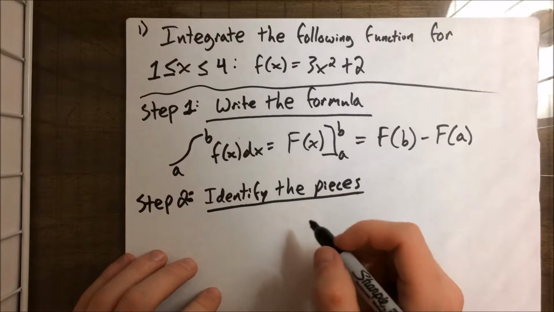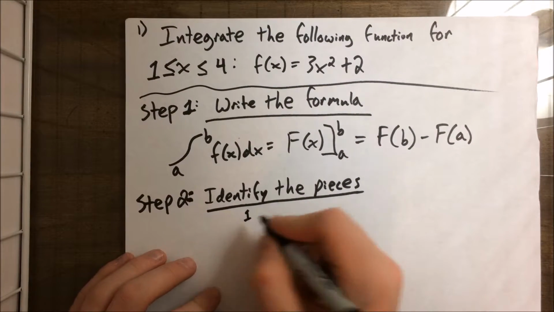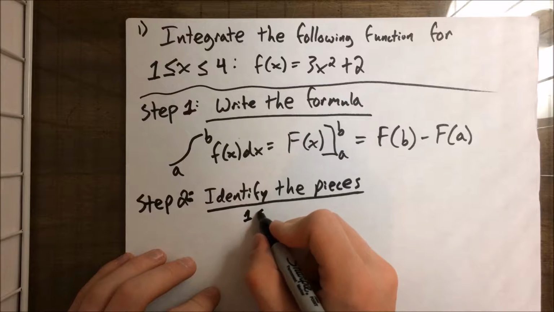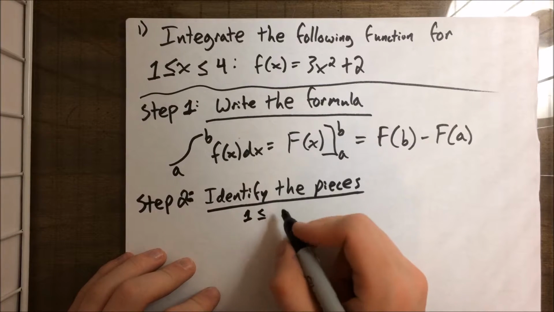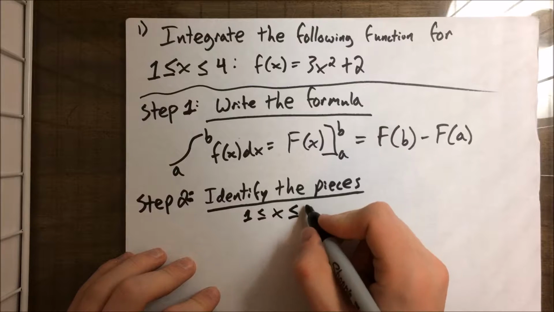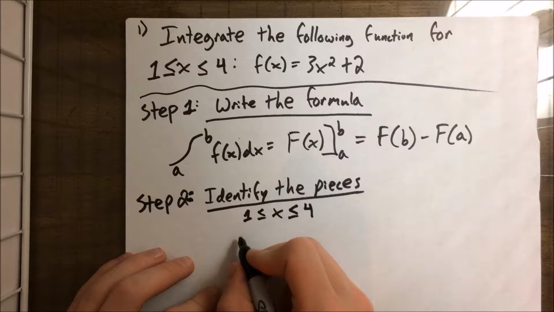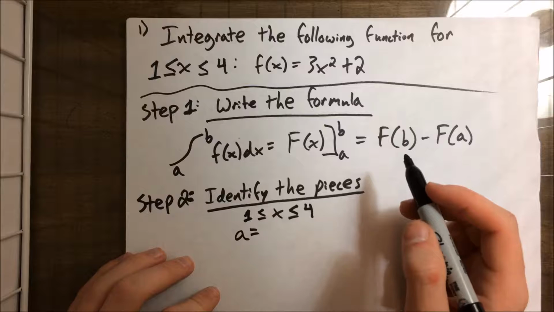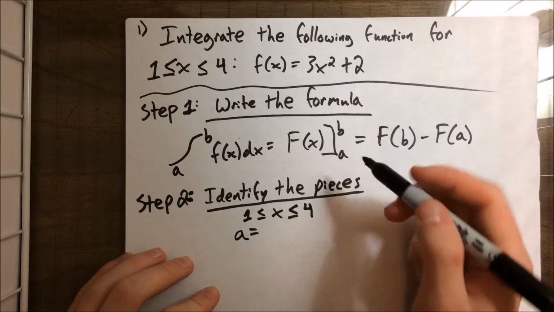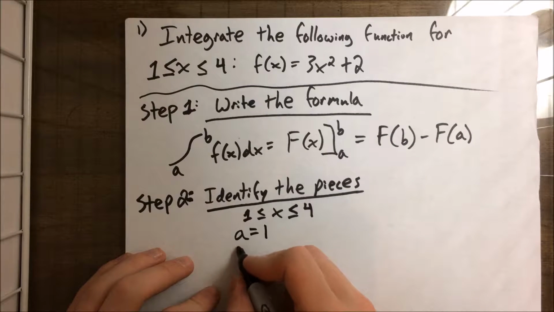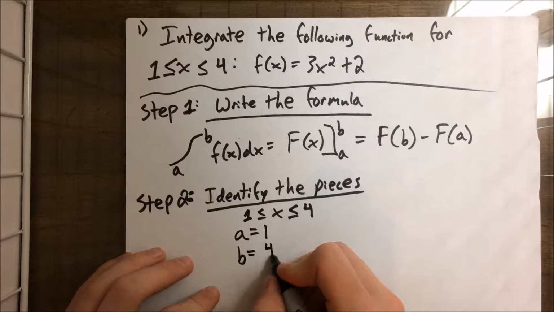Identifying the pieces, first of all we need to remember our range, between 1 and 4. So a is going to be equal to 1, and b is going to be equal to 4.